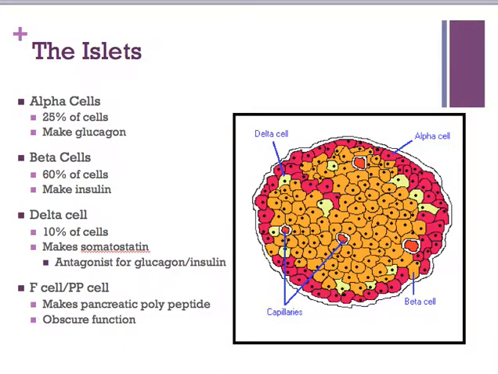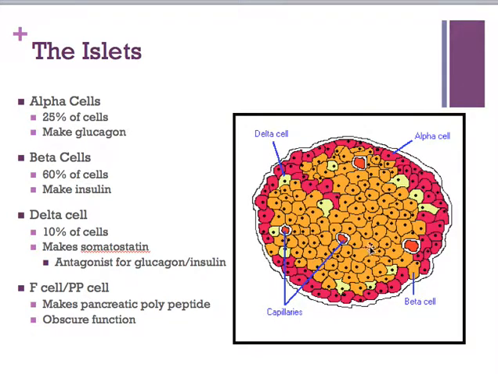So in this picture, we actually see pretty much every single cell that we'll be talking about. We see some capillaries interspersed with alpha cells in dark pink or red. We have our delta cells here in yellow, and then in the center, in an orange type color, we have the beta cells. So about 25% of these cells, which is kind of evident by this picture, are the alpha cells, which are making glucagon.